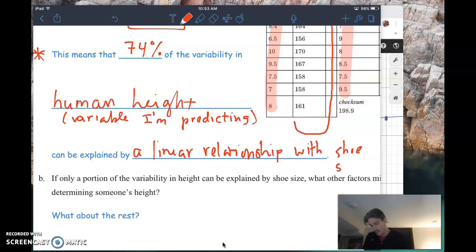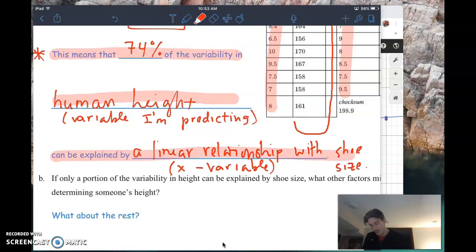And this is, of course, in context. This is our explanatory variable, or our x variable. Okay? And this sentence here is what we're going to use to explain this relationship in context.